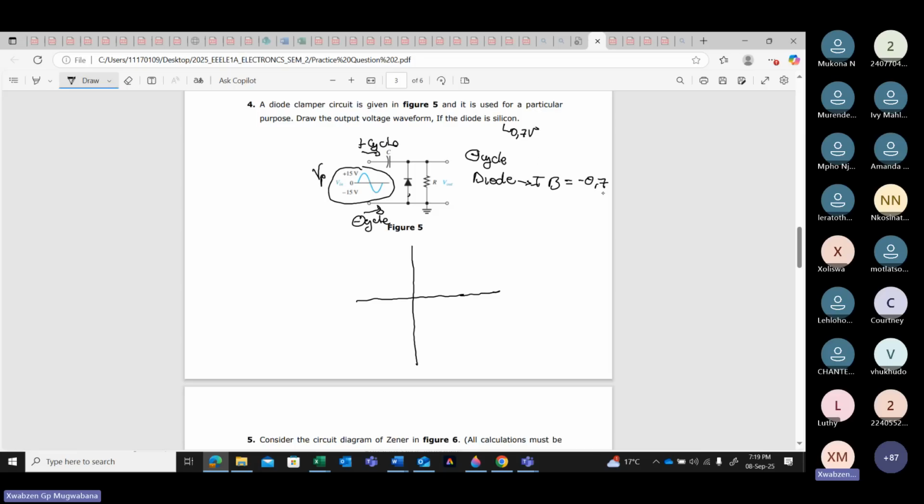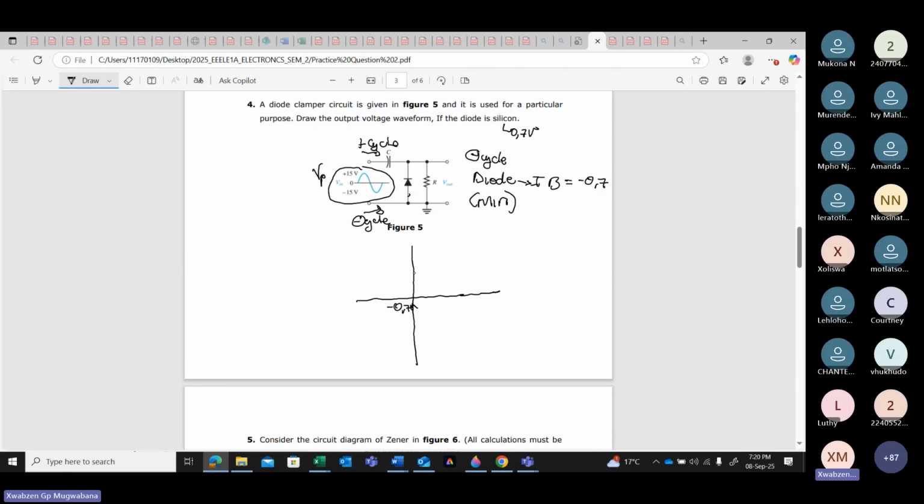But now, because it is minus 0.7 volts, it is going to be your minimum turning point. Therefore, here you're going to have minus 0.7 volts.